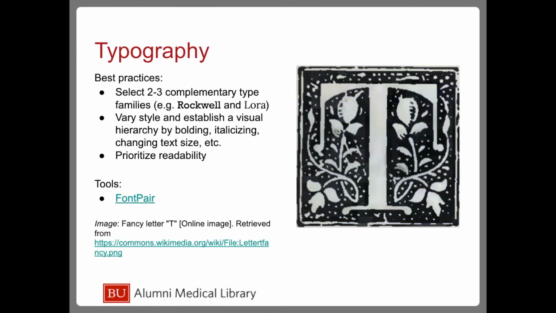So the second design element I want to talk about is typography. So basically what fonts to choose to incorporate in your visual abstract. And one rule of thumb is to choose 2 to 3 complementary type families in your design. And so basically that's 2 or 3 fonts that look nice together, such as Rockwell and Lora. Those are 2 Google Slides fonts that you could choose that work pretty nicely side by side.